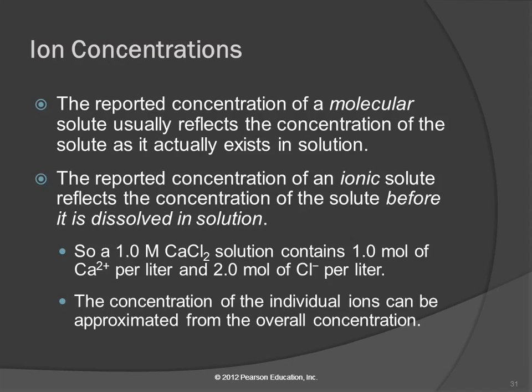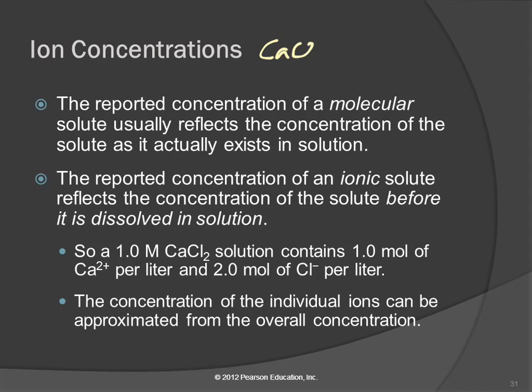So if we look at a 1 molar calcium chloride solution, when that dissolves, you're going to get 1 mole of calcium ions for every liter, and you're going to get 2 moles of chloride ions. You see that? Let me draw.